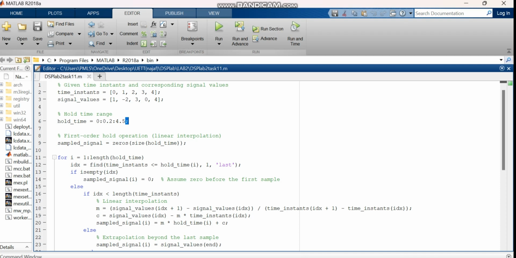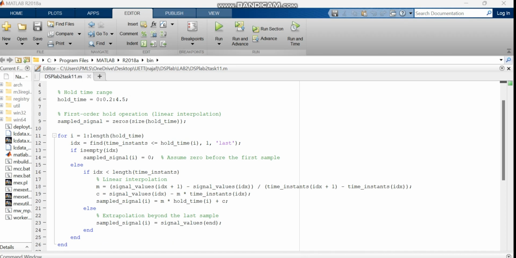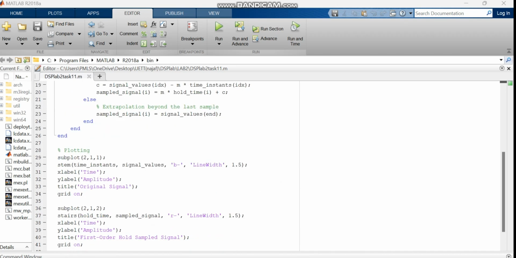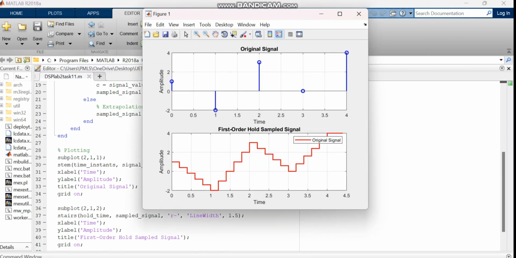We have also defined the hold time and we have made a function with the name sample signal, and the code below the sample signal function demonstrates the first order hold operation, which is also known as linear interpolation. If we run this code, we get a graph like this.